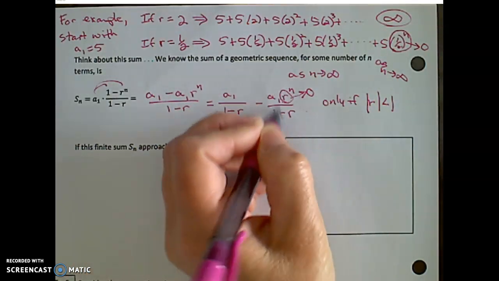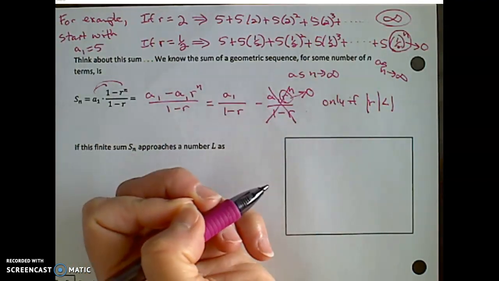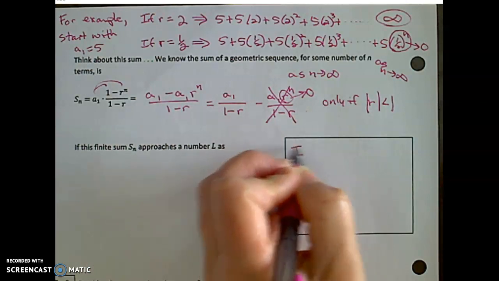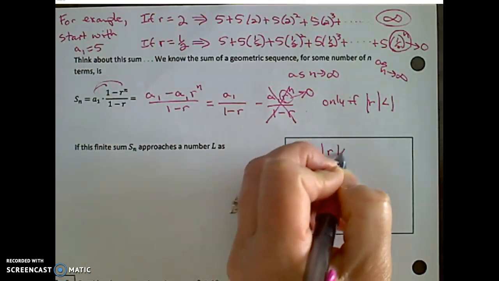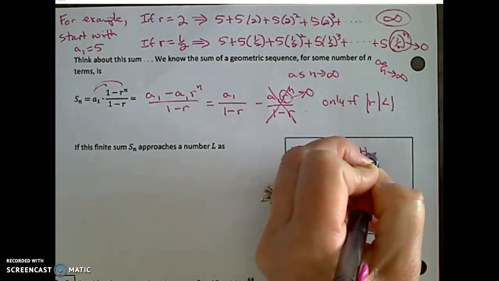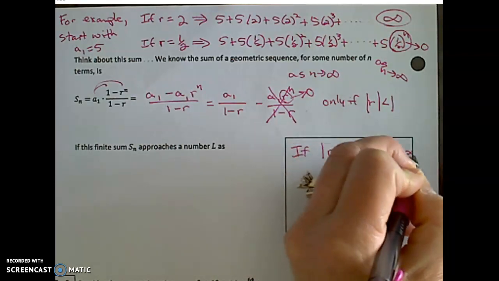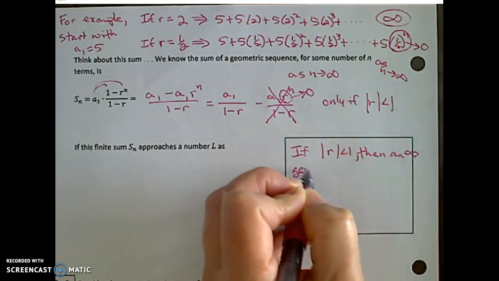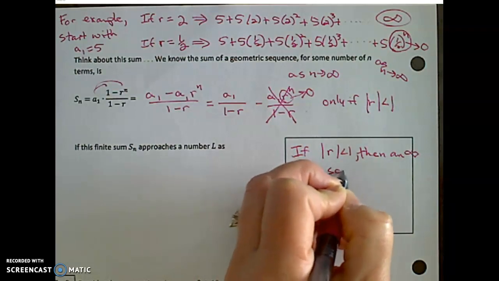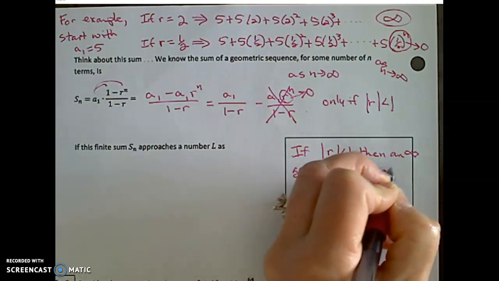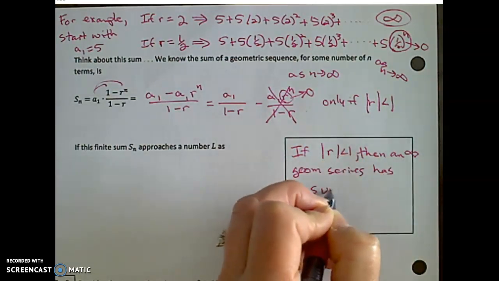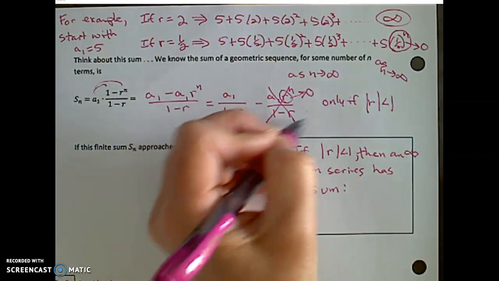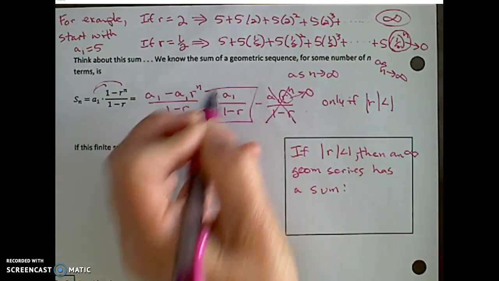Well, if this approaches 0, this whole fraction approaches 0, and if that ratio is less than 1, then an infinite geometric series has a sum. And that sum, if this approaches 0, I'm left with this.